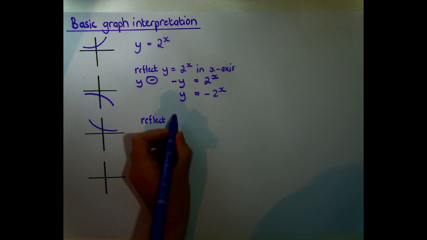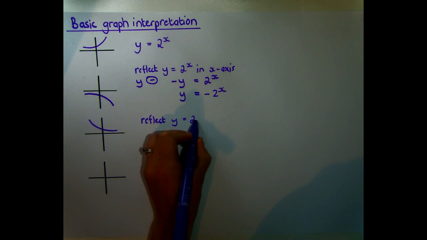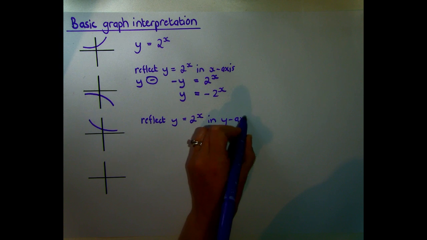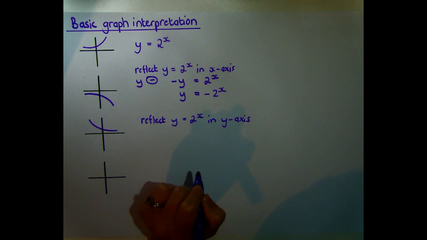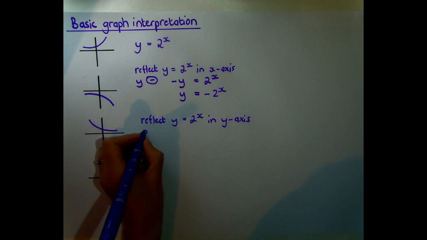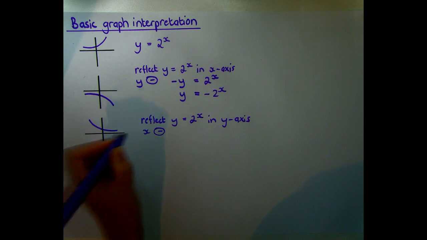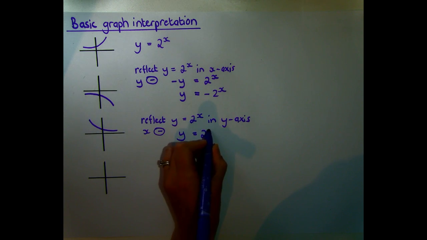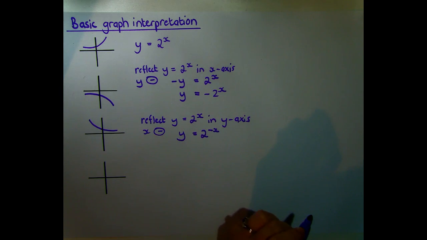If I reflect y equals 2 to the x, this time in the y-axis, remember if you reflect in the y-axis, then the x's become negative. So then what I've actually got is y equals 2 to the negative x.